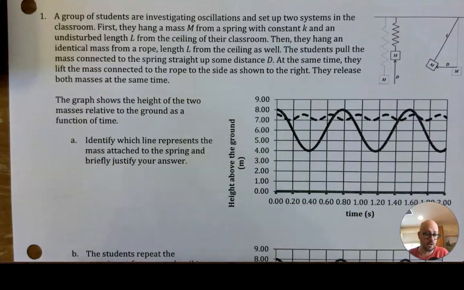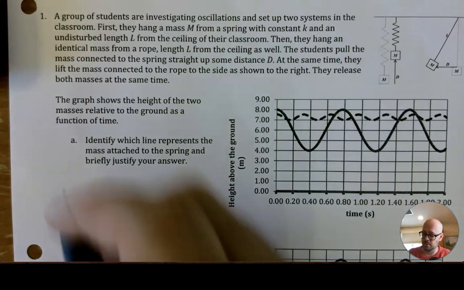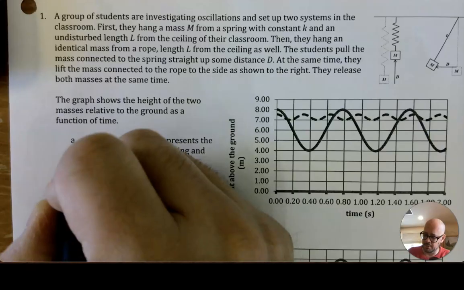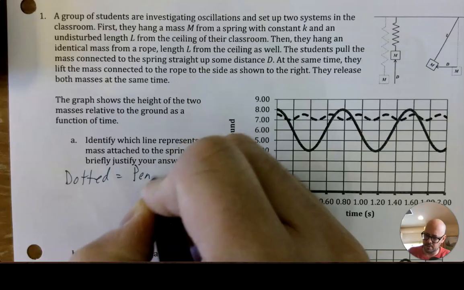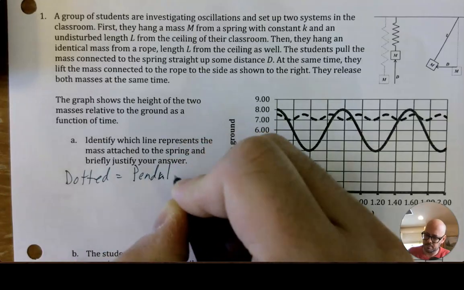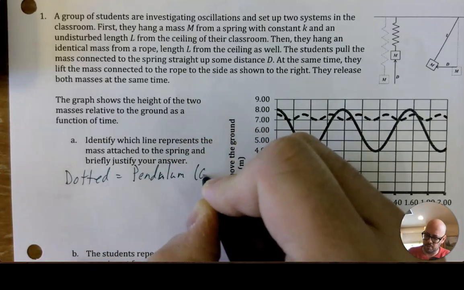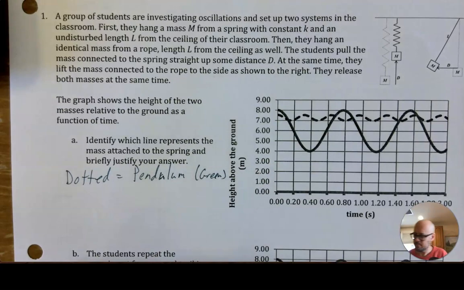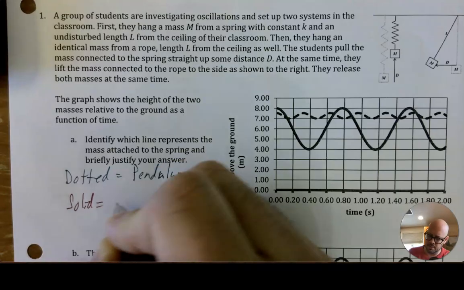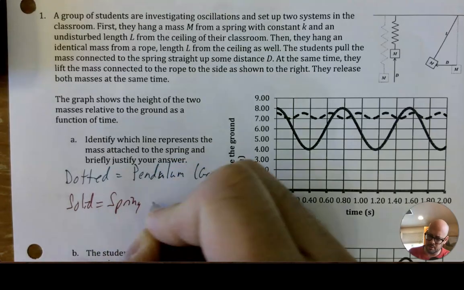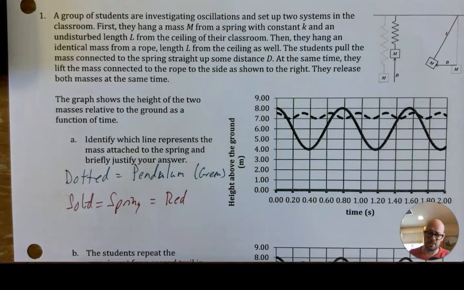So I'm going to start by color coding the things that I do on the graphs. So the dotted line is going to be the pendulum. And I'm going to put that in green on this worksheet. And the solid line is going to be the spring, and I'm going to put that in red. My apologies to anyone who is red, green colorblind.